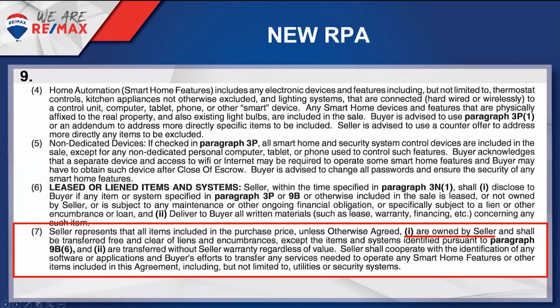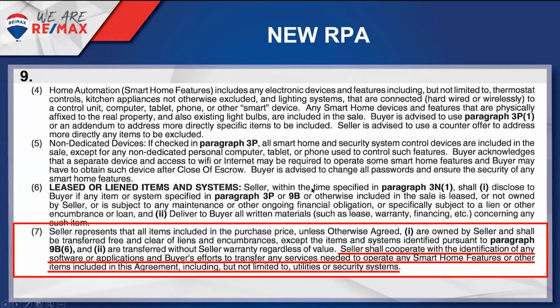So I have to state that it's not. I'm going to deliver it free of any encumbrances, and I have to state that it is not owned. Okay. Pursuant to paragraph 9B6, anything that's not owned, I have to list what's not owned, just the paragraph we just covered. They're transferred to the buyer without warranty unless I exclude them.